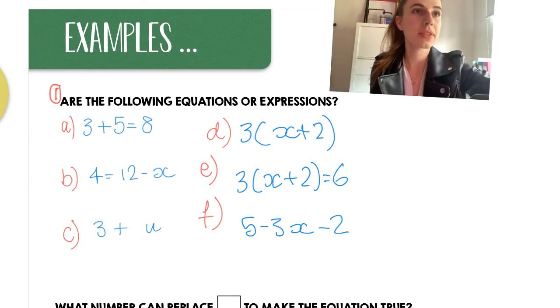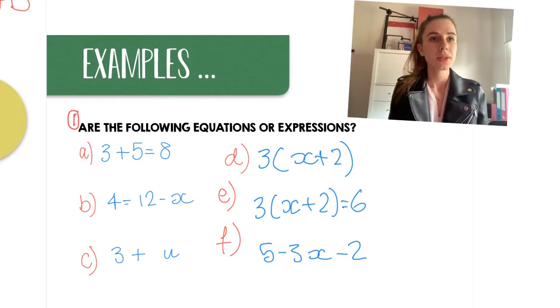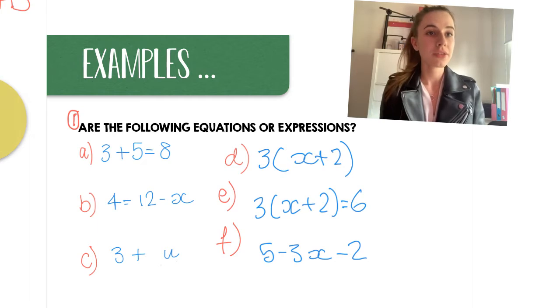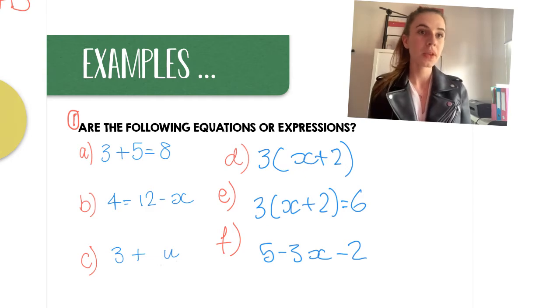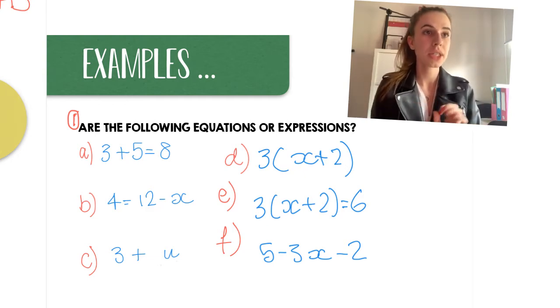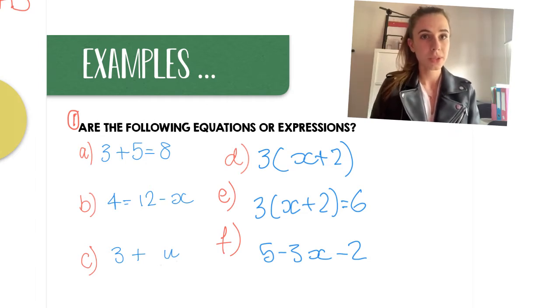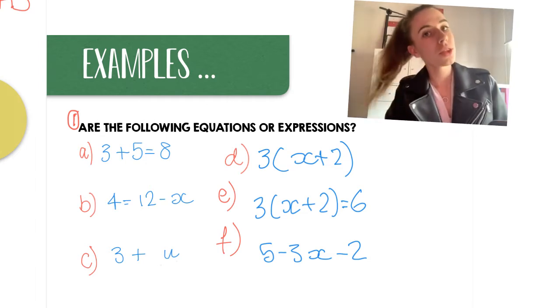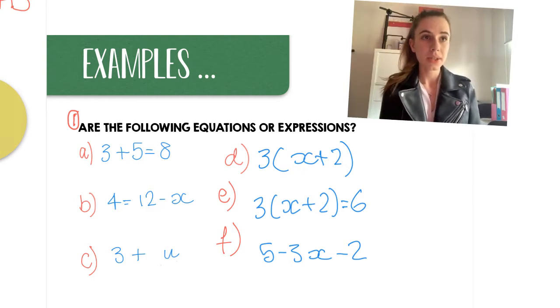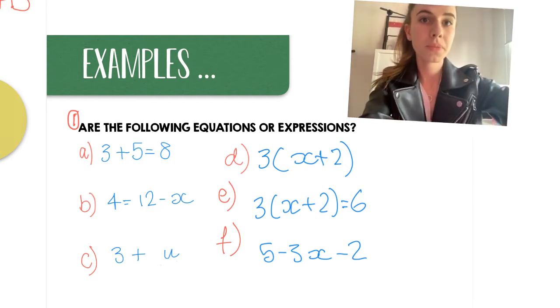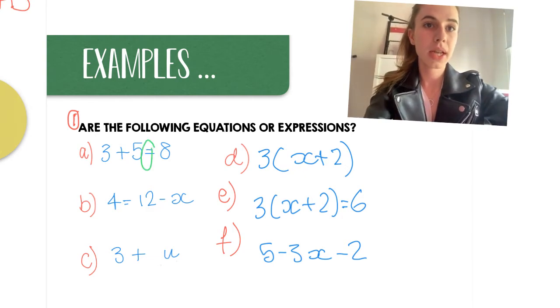So now we're going to have a look at some examples. So I'm asking the question, are the following equations or are they expressions? So remember, equations are separated by an equal sign, whereas expressions are just a mathematical statement and they don't have an equal sign. So let's look at part A. 3 plus 5 equals 8. Now this is an equation. The reason it is because it's got an equal sign here.